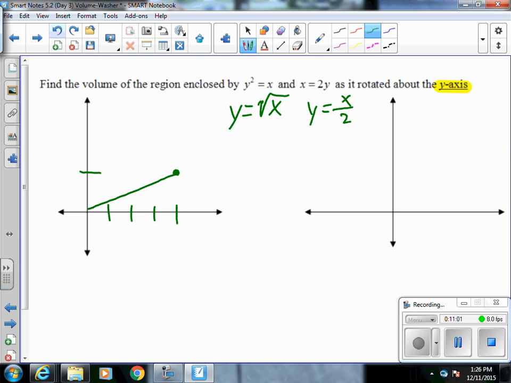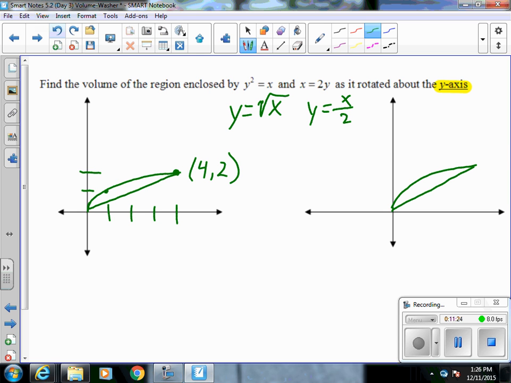This goes up 1 over 2, up 1 over 2 again, gets us at the point 4, 2. And then radical x goes through 0, 1, and also goes through 4, 2, because the square root of 4 is 2.